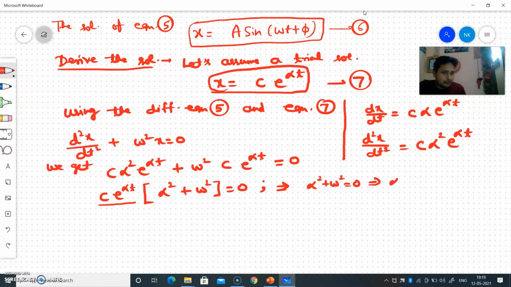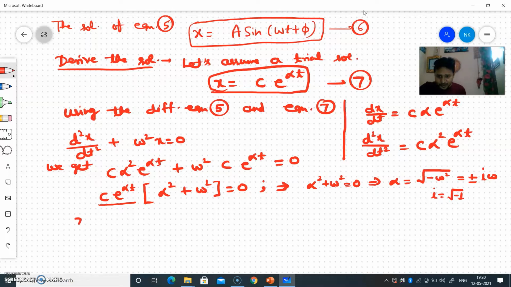This means alpha is the square root of minus omega square, which is plus minus i omega, where i is the square root of minus 1, and is imaginary. So alpha is plus minus i omega.